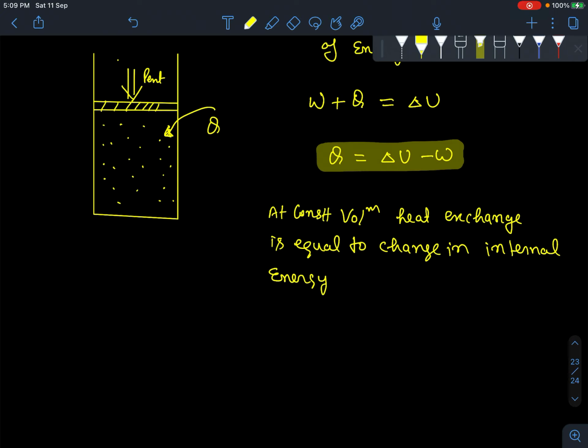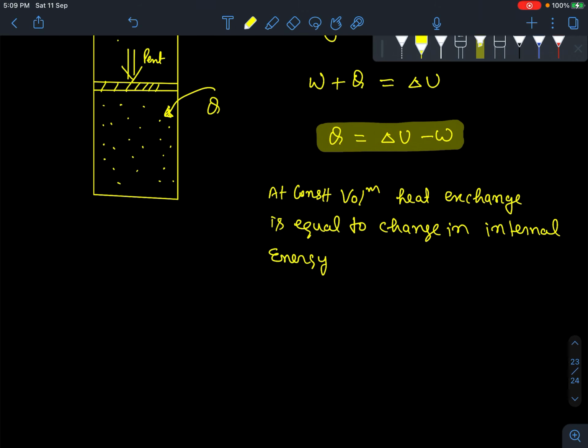That's a very important statement I am telling to you. So at constant volume, heat exchange is equal to change in internal energy.